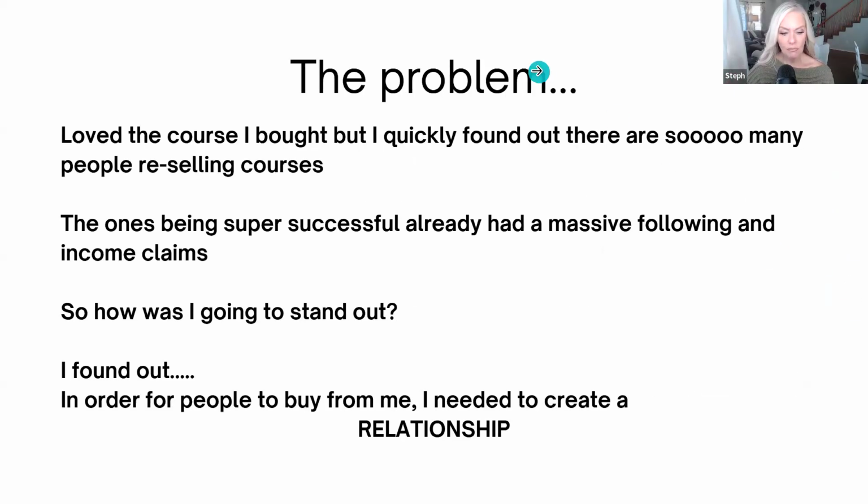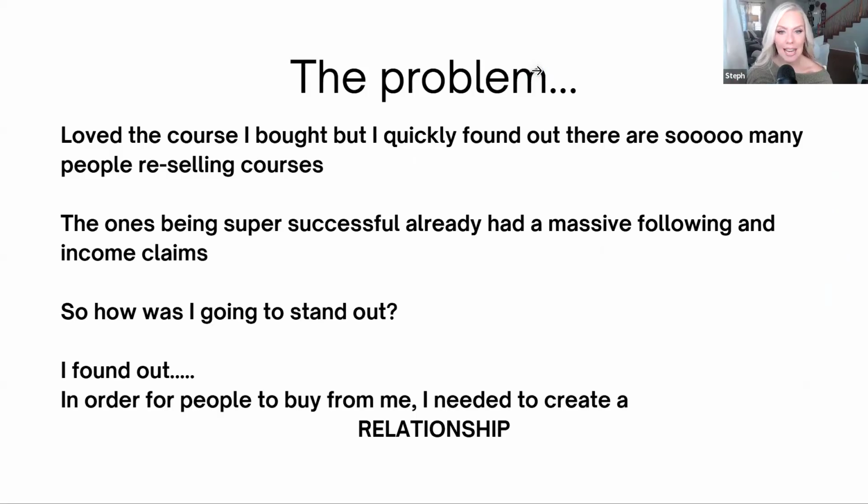So here was what I found the problem was. I loved the course, but I found out rather quickly that there are so many people reselling the same course. And the ones that were super successful already had a huge following and those income claims, like I talked about.